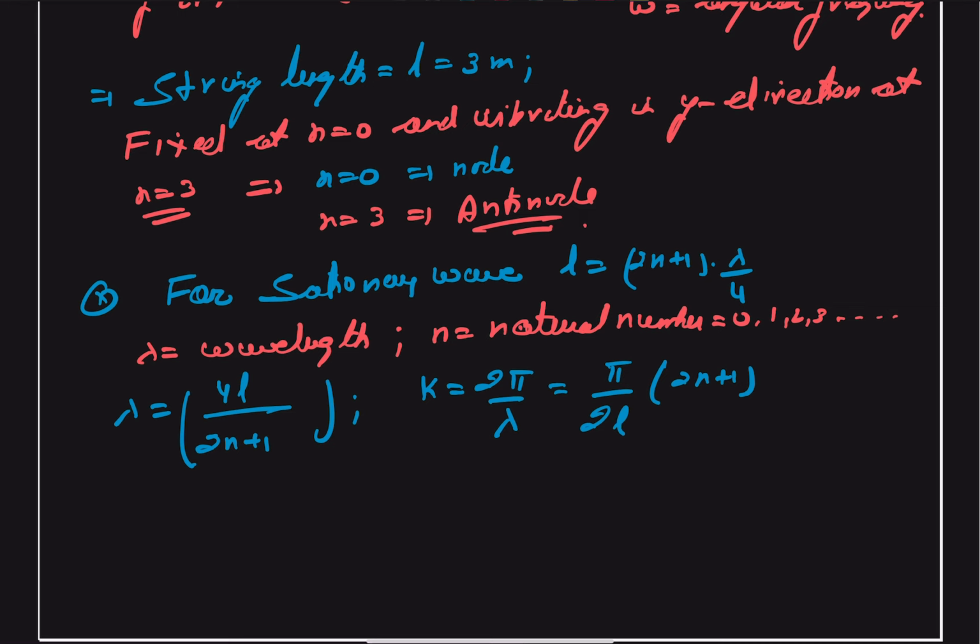So we got our wavelength as well as the wave number in terms of the natural numbers n, and also in terms of the length of the string, that is L.